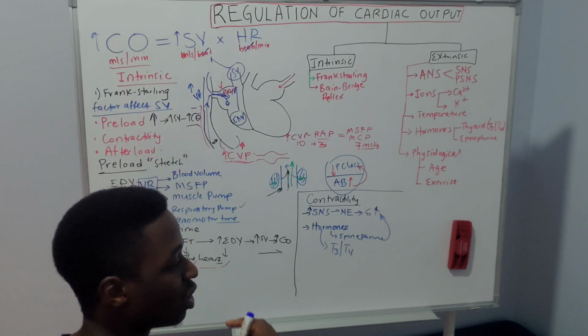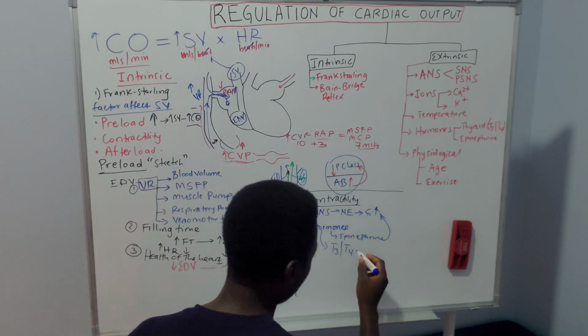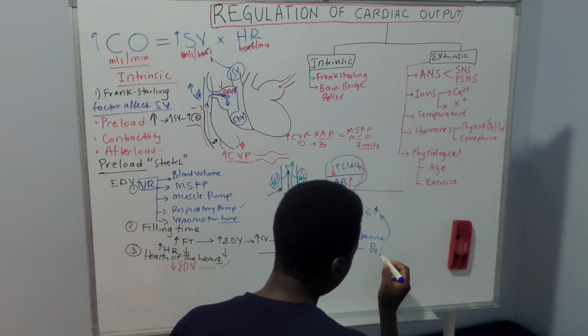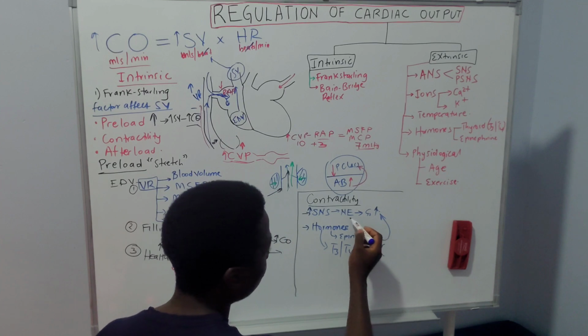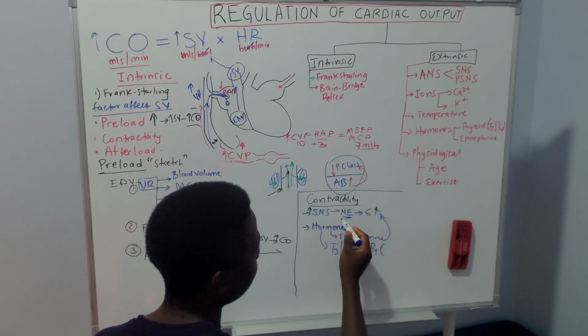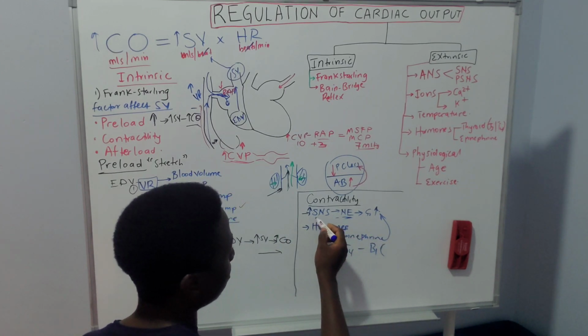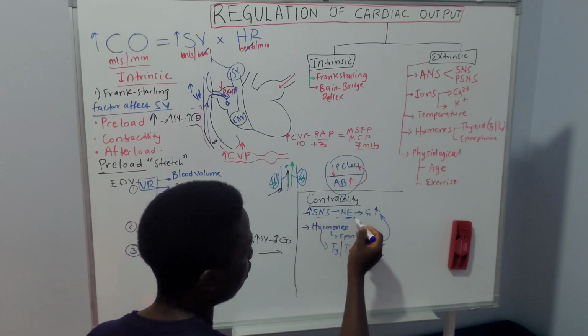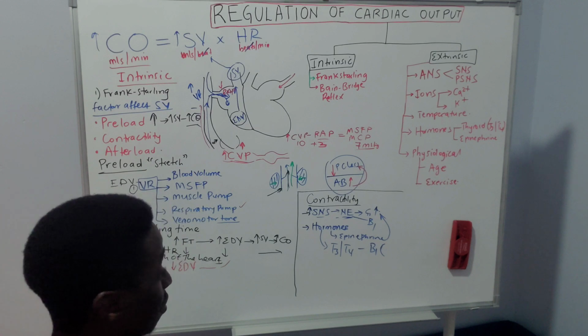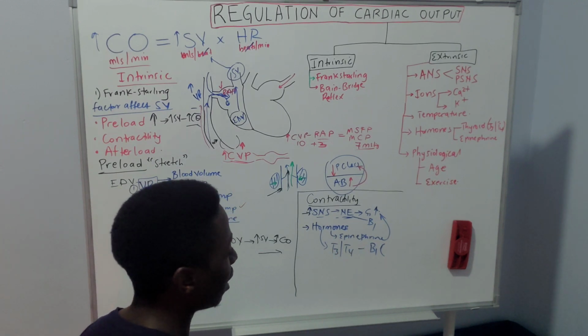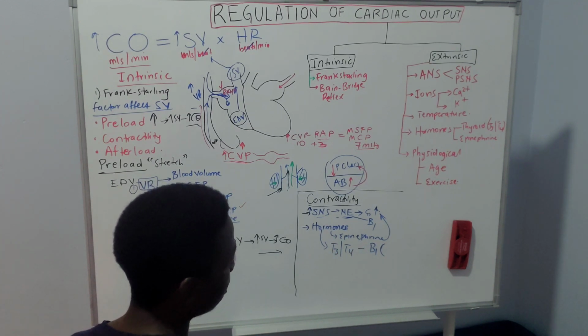These increase the expression or the production of the beta-1 adrenergic receptors. Beta-1 adrenergic receptors are the receptors through which norepinephrine works. So norepinephrine, which is also from the sympathetic, works by binding on the beta-1 receptors found within the cardiac muscle and also in the sinoatrial node.